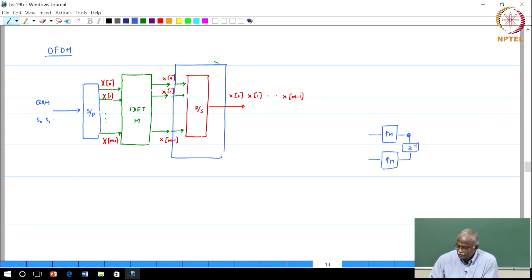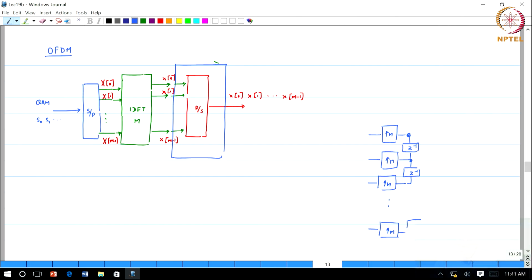So the next stream will be upsampled by m, it will pass through a delay, and so it gets moved one unit to the right. And the last one is upsampling by m, passing through m minus 1 delays and eventually getting to the output. So this parallel to serial converter in our structure is nothing but a bank of upsamplers followed by delays, and then you add them on the other side.